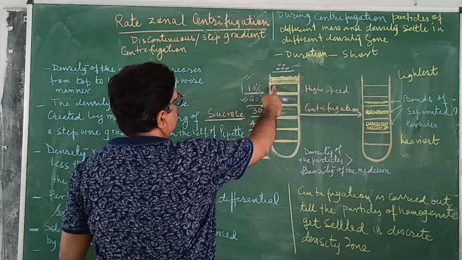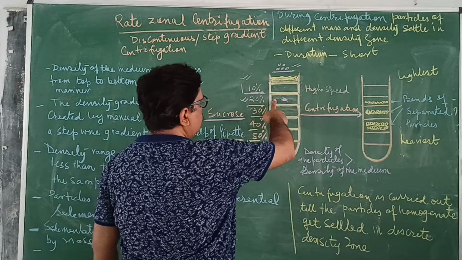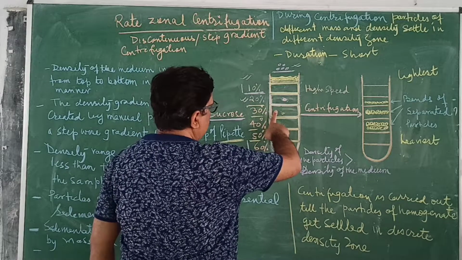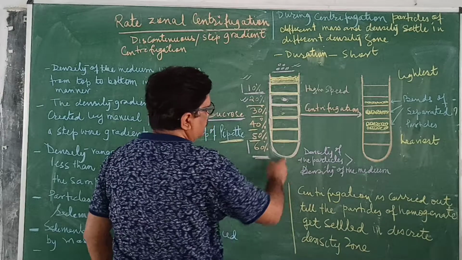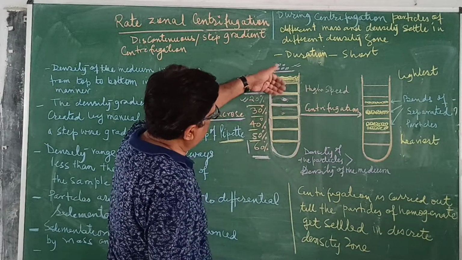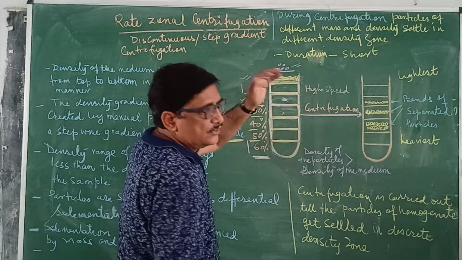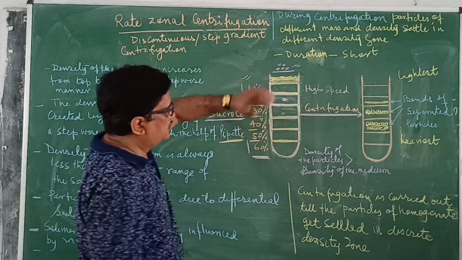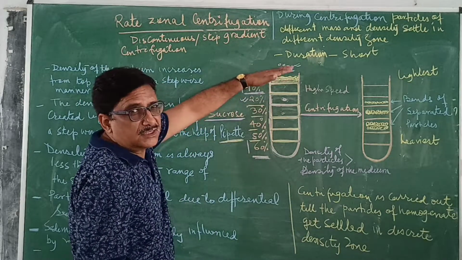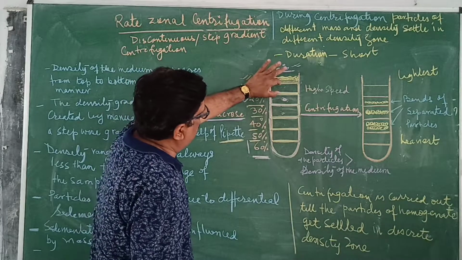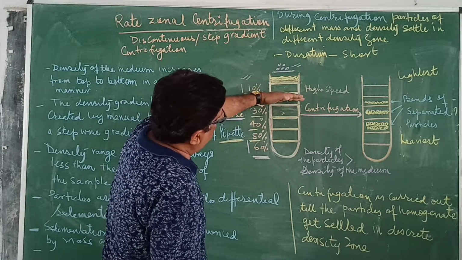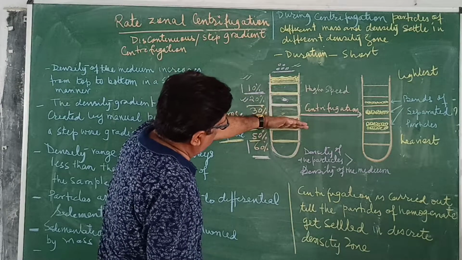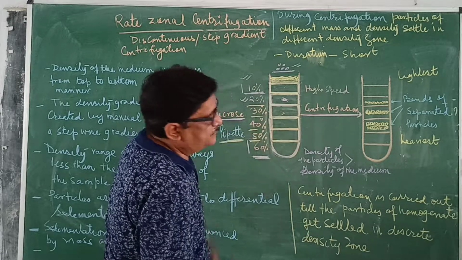So there is a 10% zone, 20% zone, 30% zone, 40%, 50%, 60%. That means the density is increasing from top to bottom, but it is not continuous, it is stepwise. Here density is minimum, then slightly higher, slightly higher, slightly higher. Okay?